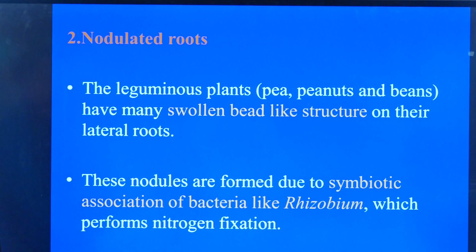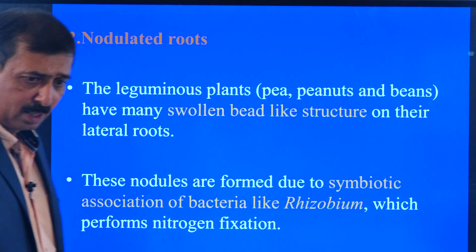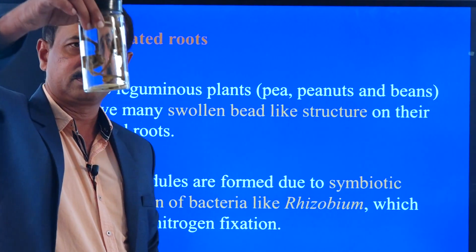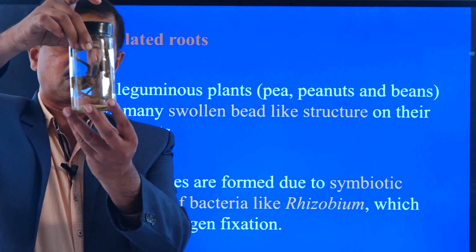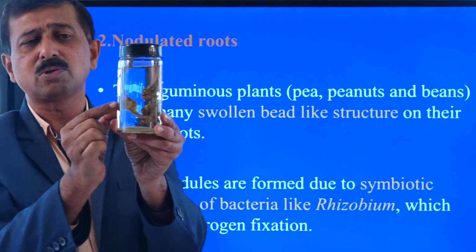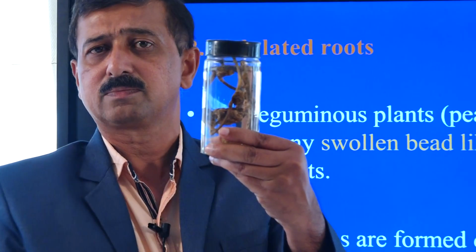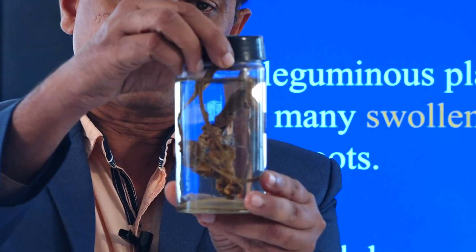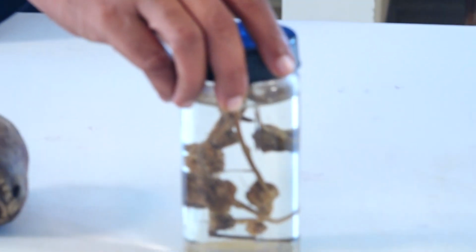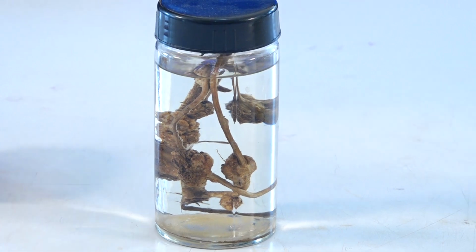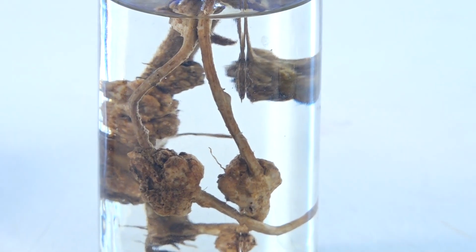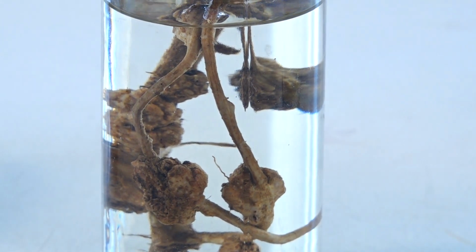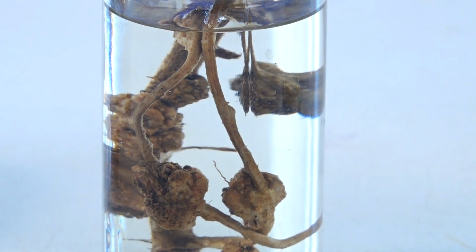So, next, nodulated roots. See here, this is the nodulated root. So, this is the root having some nodules here and there. These nodulated roots are the characteristic feature of leguminous plants, legumes like pea plant, beans, like that.